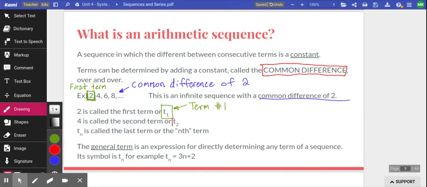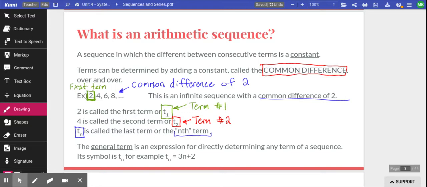This right here would then mean term number 2. So in general, we have this format. That means the nth term. If we wanted to talk about the 100th term, we would go T and then put 100 where that little n is.